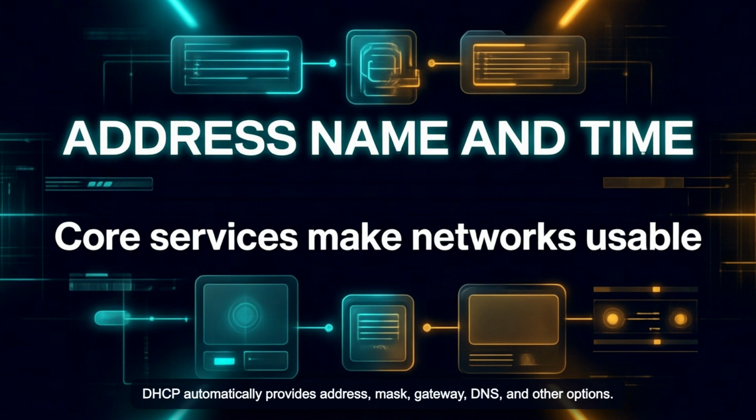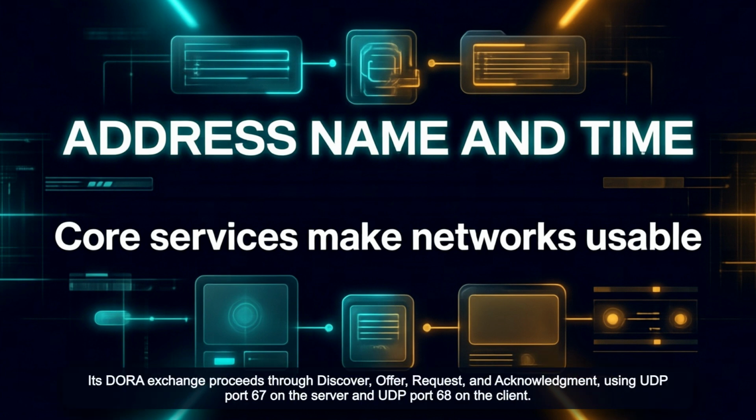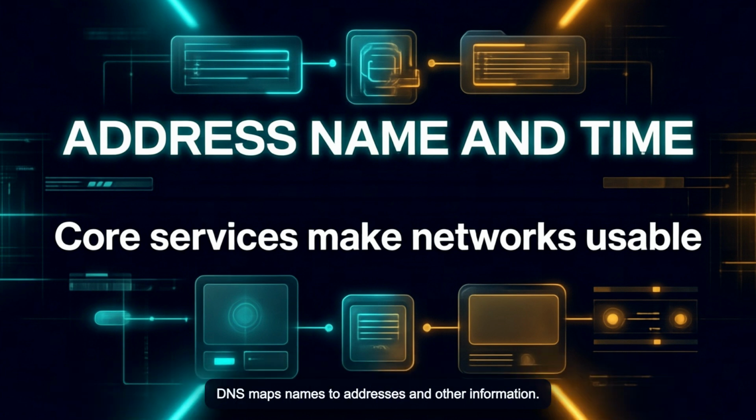DHCP automatically provides address, mask, gateway, DNS, and other options. Its DORA exchange proceeds through discover, offer, request, and acknowledgement, using UDP port 67 on the server and UDP port 68 on the client.